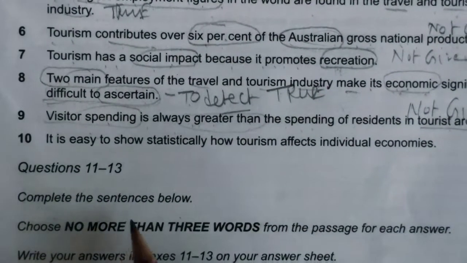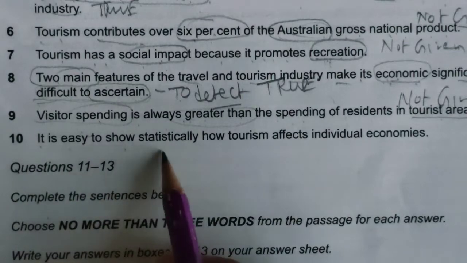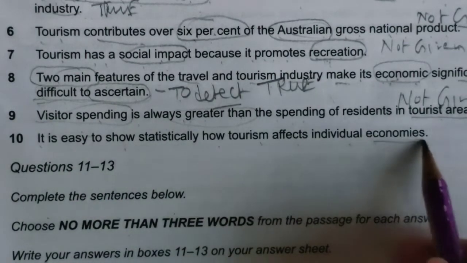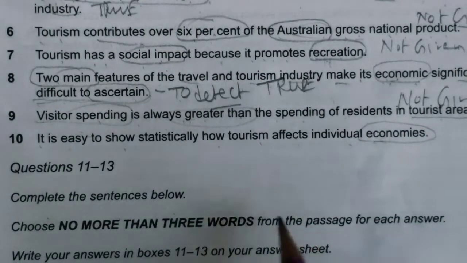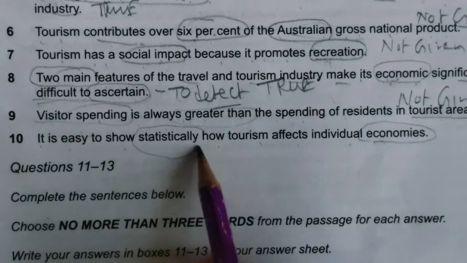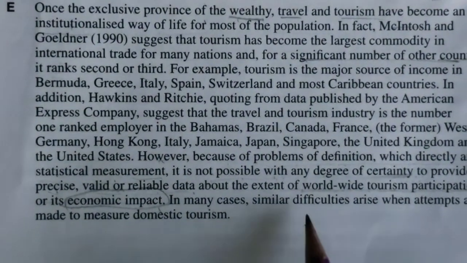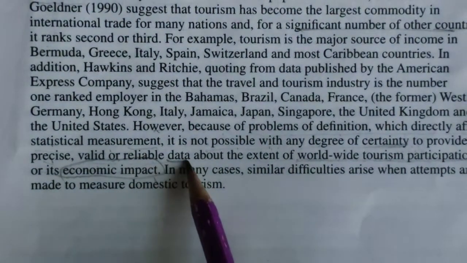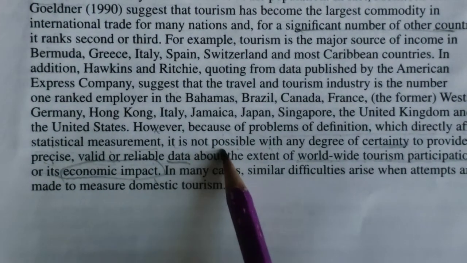Okay, so the 10th is, it is easy to show statistically how tourism affects individual economies. Let's find this word statistically. This word was in the last paragraph. See, here they are just talking about data. It is not possible.